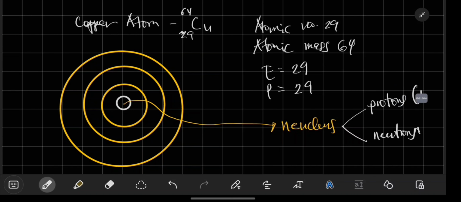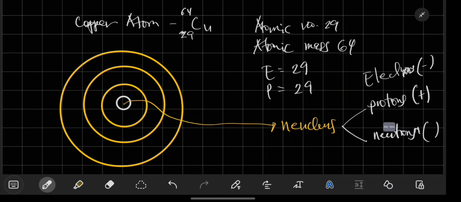Protons represent a positive charge and neutrons represent a neutral charge. Neutral yan. And then, electrons represent a negative charge. Okay? Kung yung protons and neutrons ay nasa loob ng nucleus, so the number of protons here inside the nucleus is equal to 29.